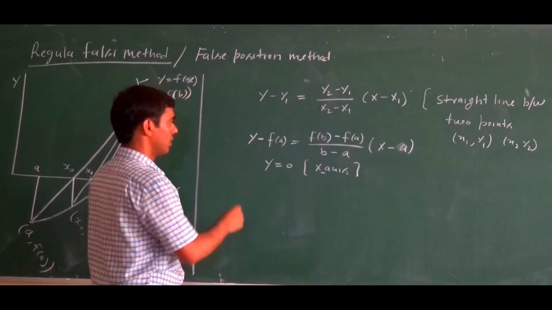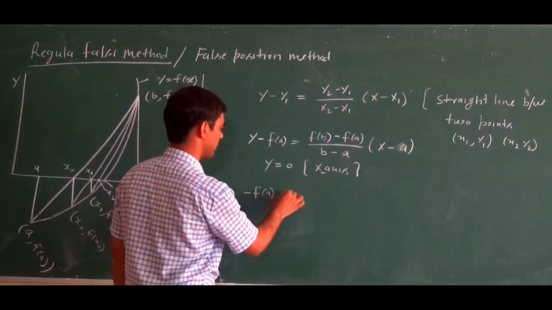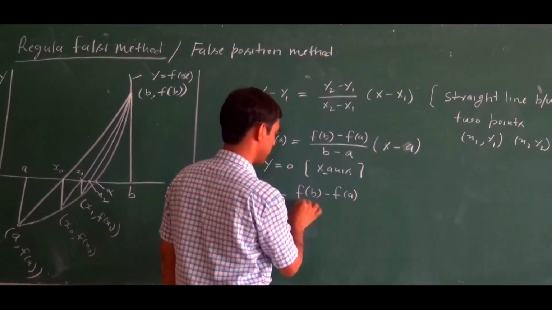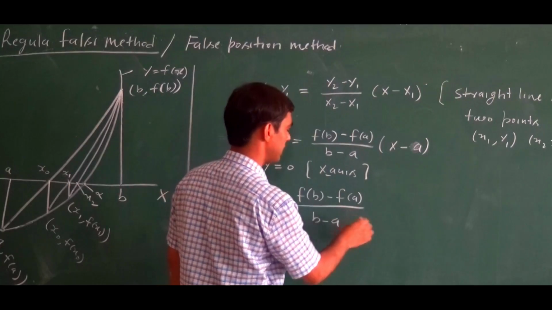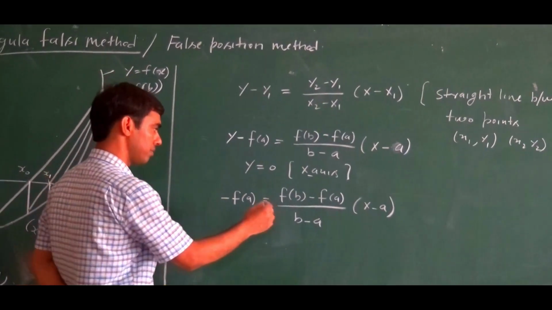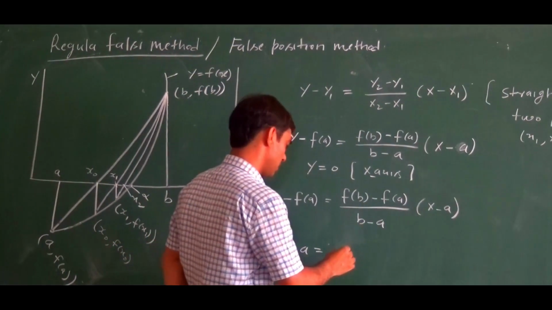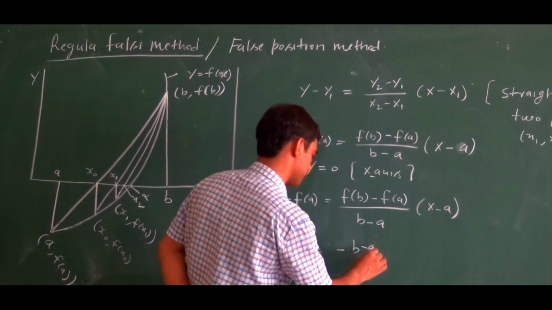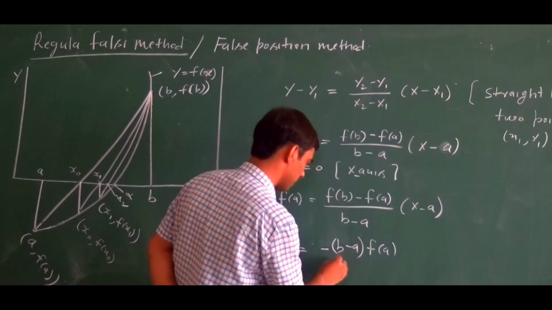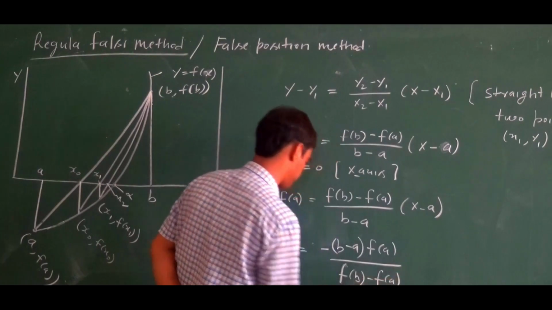So if we put y equal to 0, this becomes minus f of A equals f of B minus f of A divided by B minus A, times x minus A. If we simplify, x minus A equals minus of B minus A, multiplied by f of A divided by f of B minus f of A.